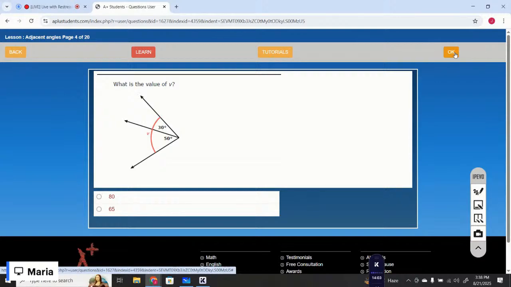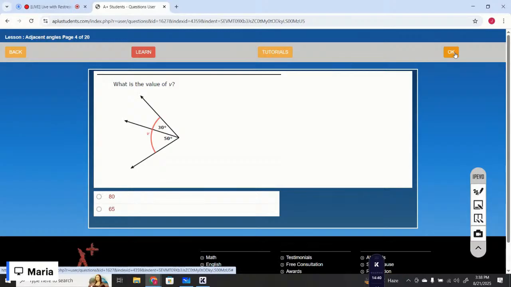What is the value of V? That is 80 degrees.